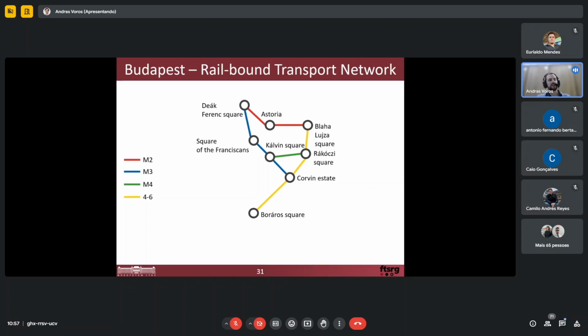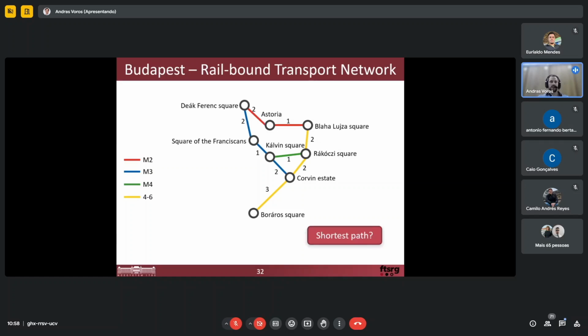And you can see that we depicted with colors the different types of line. So whenever you see different colors, then coming to the station, you have to change from one line to another. And for example, this representation can be used to answer shortest path questions between them.